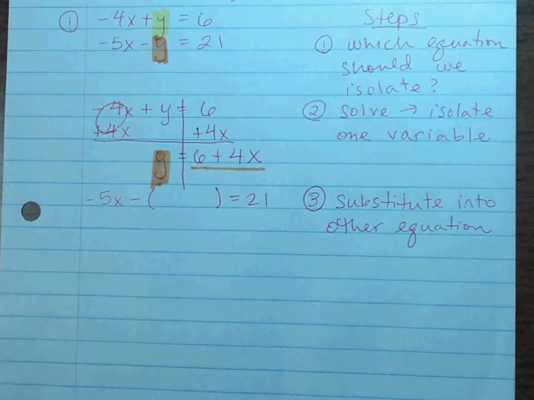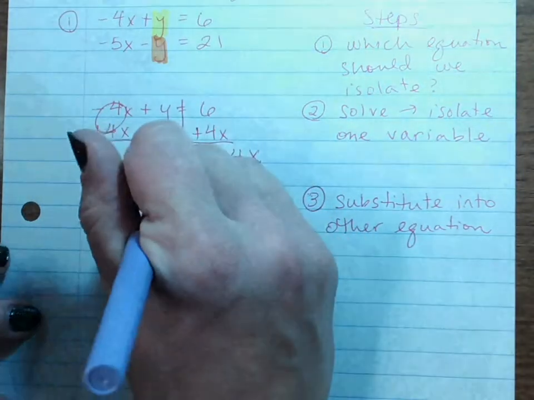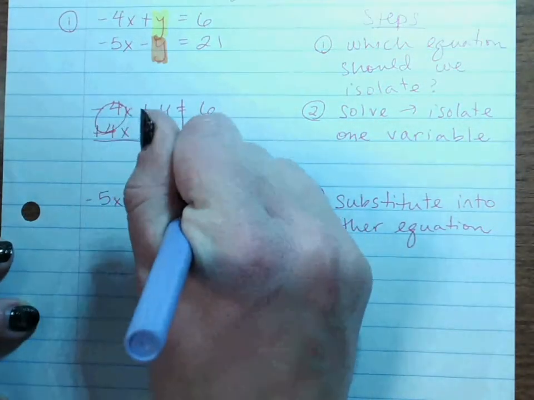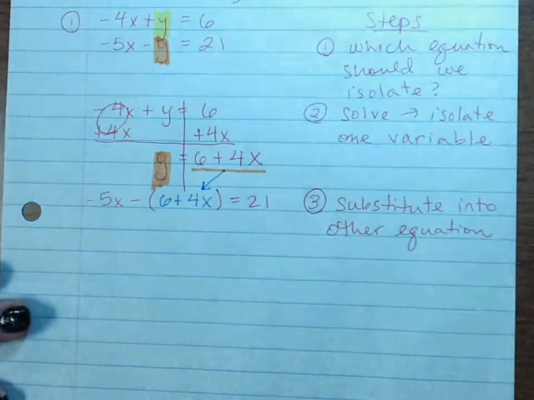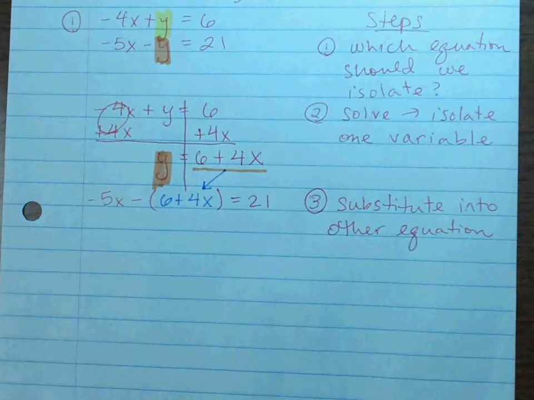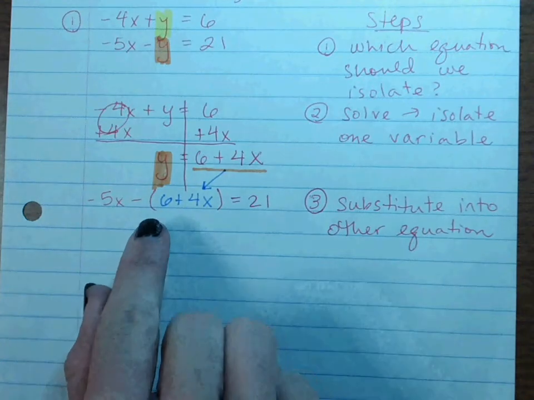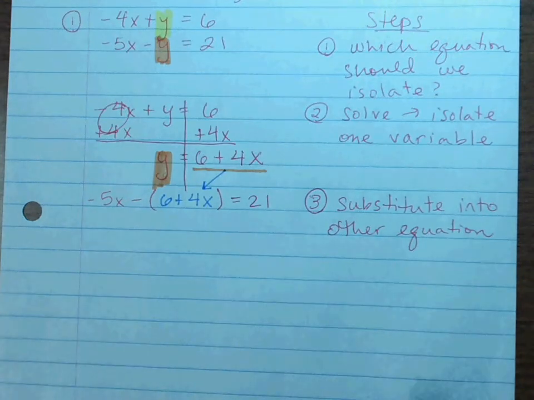And what did we say was going to go there? 6 plus 4x. Yeah, 6 plus 4x. So now take a minute, go ahead and solve and get x by itself. This is going to be the first half of our solution.